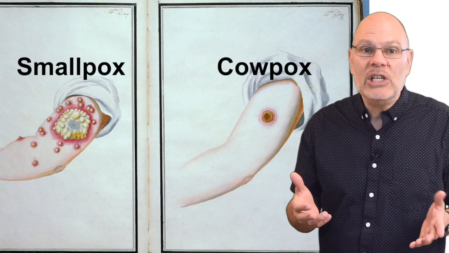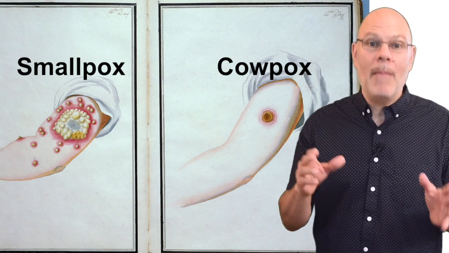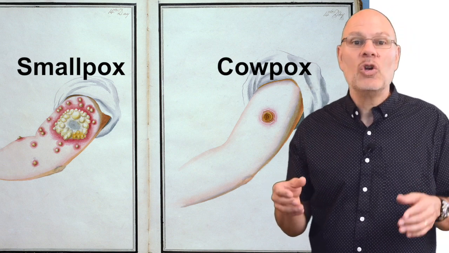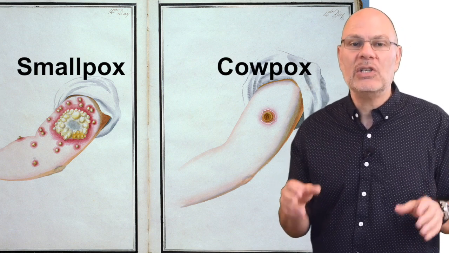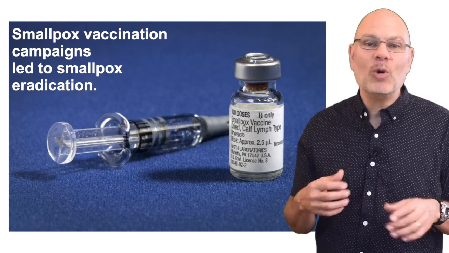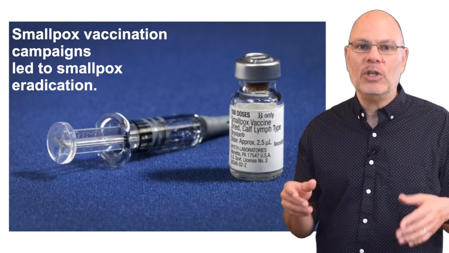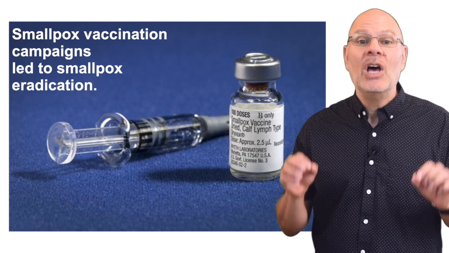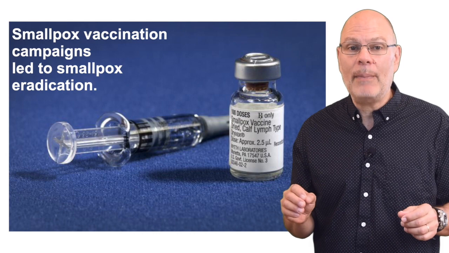The first vaccines were developed in the 1700s. A virus that caused a mild disease, cowpox, was used to vaccinate people against a deadly, disfiguring disease, smallpox. I was born in 1961, and I'm among the last generation of people to be inoculated against smallpox, a disease that has been completely eradicated from the human population.